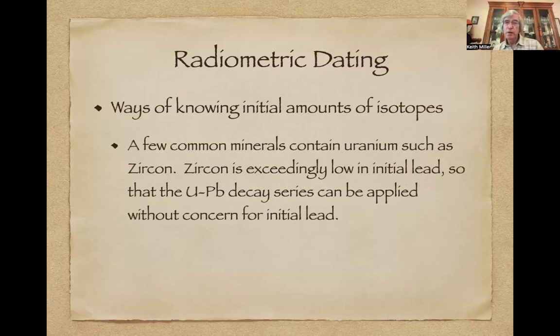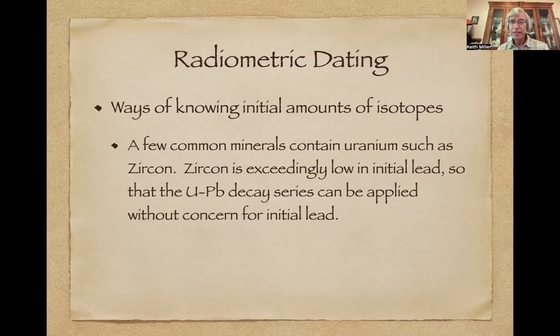There are a few common minerals that contain uranium. So this is for uranium lead methods. One of those is called zircon. Zircon is a very good mineral, very good crystal to date. It's very stable, it lasts a long time. So if you have very old rocks that have zircon in them, zircon is a very good mineral to date.